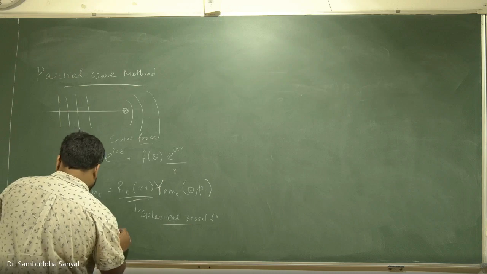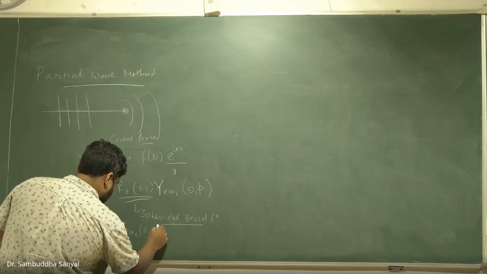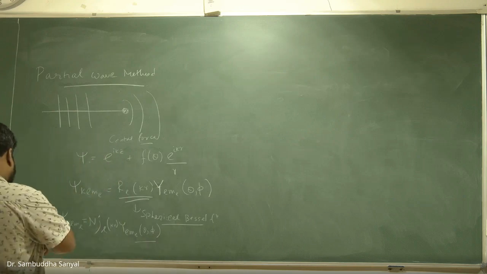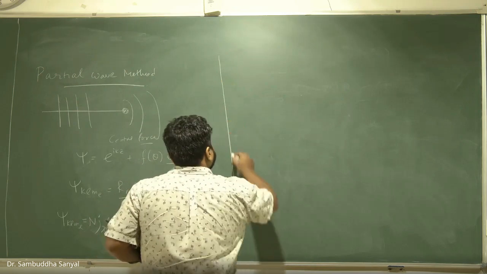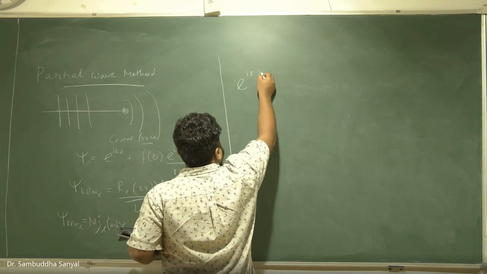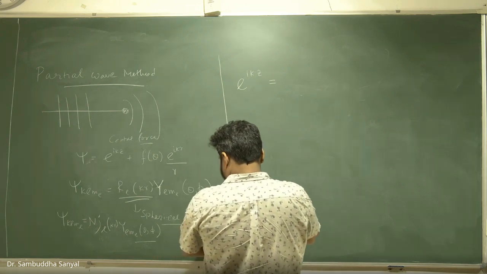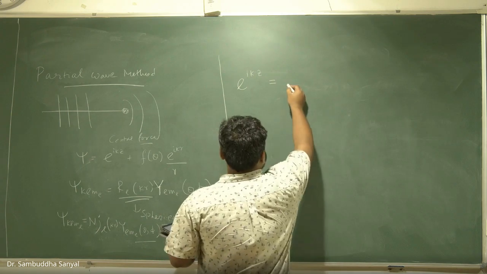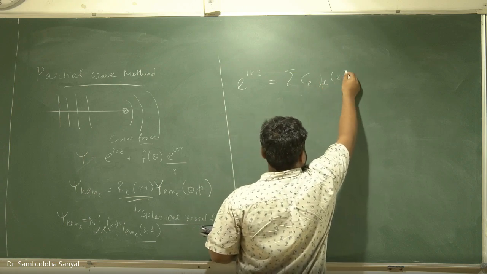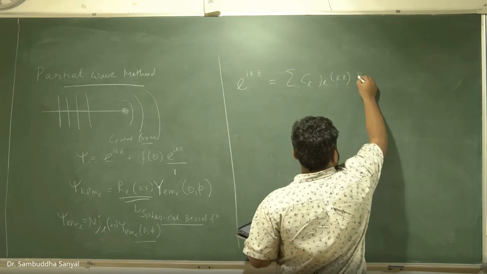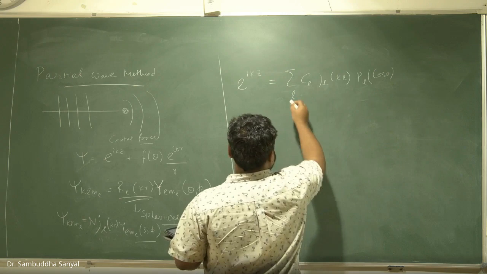You can rewrite it also in terms of this Legendre function. And when you expand this e to the power i k z in a general case, it becomes the sum of C L j L k r times P L, which is this Legendre function.